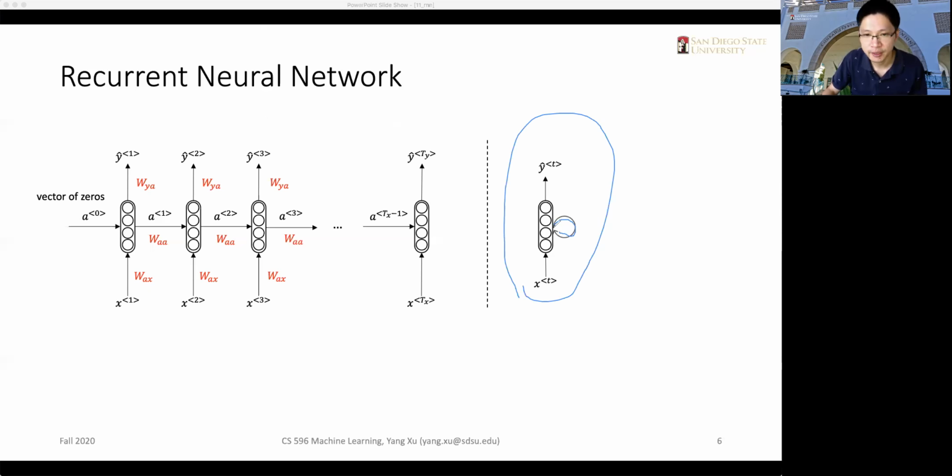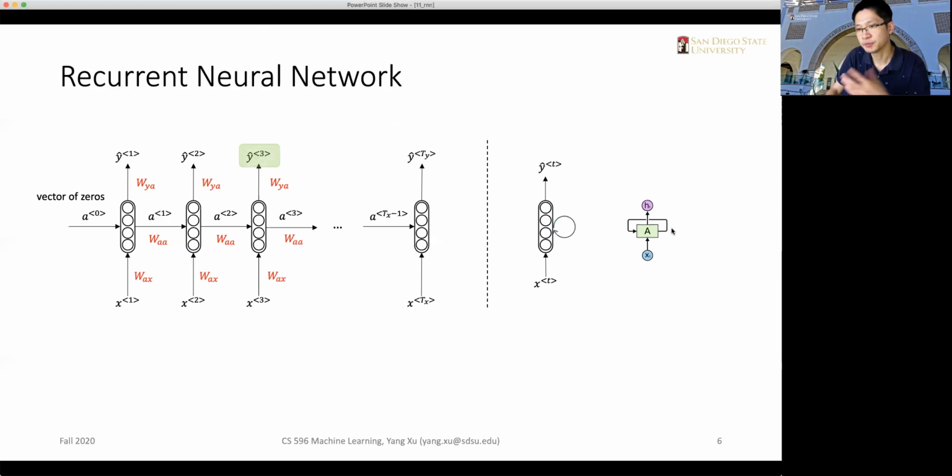We'll put a circle here, with a rounded arrow that starts from itself and connects back to itself, indicating that this activation is used to compute the next activation. Or some people will visualize it in a different way, letting the output connect back to the input. But this is basically the same. They convey the same idea.